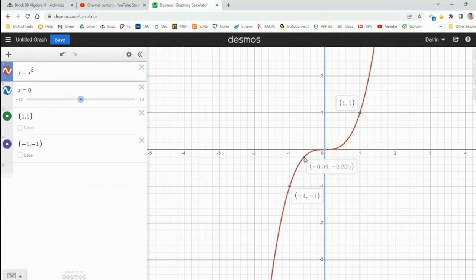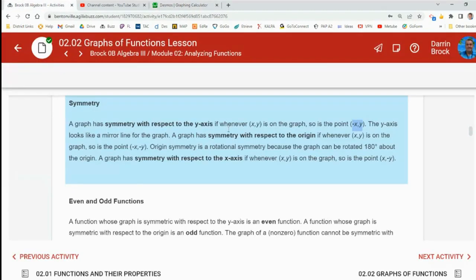These points in here, we have negative 0.59205. We have positive 0.59205. All right. Every point that exists as an x, y also exists as a negative x, negative y. That's symmetry around the origin. If we spun this around 180 degrees, it would look exactly like the other half of the graph if we rotated it around the origin. So origin symmetry is a rotational symmetry because we can rotate it 180 degrees.